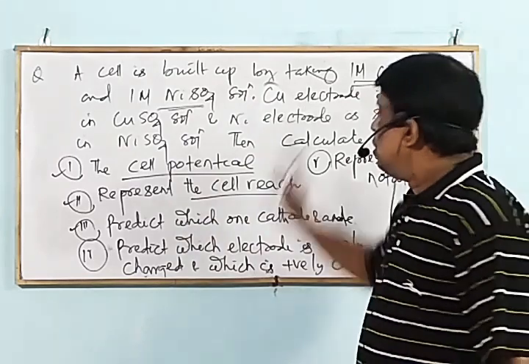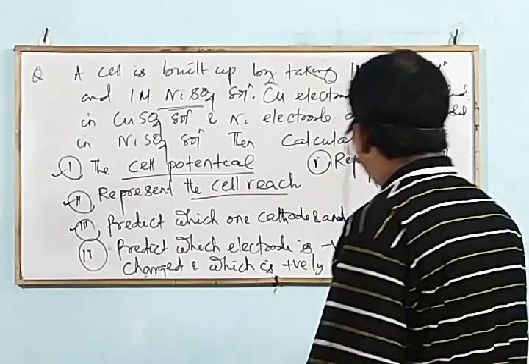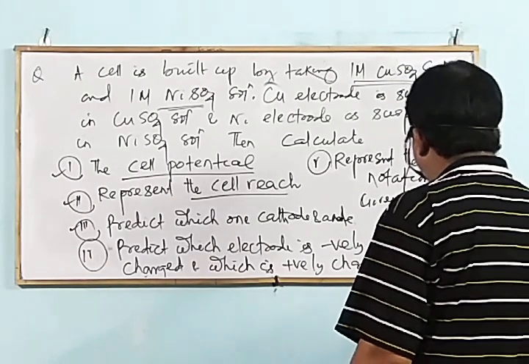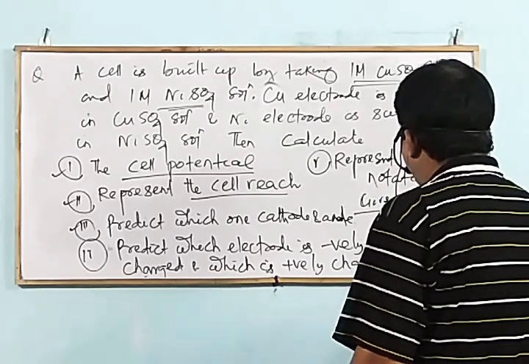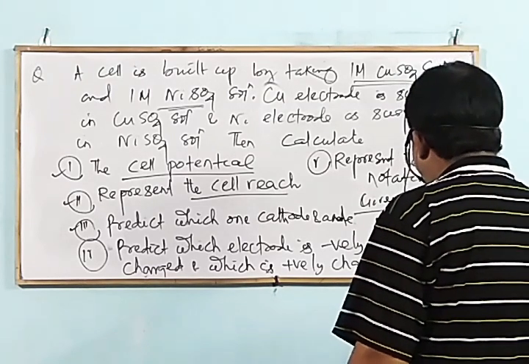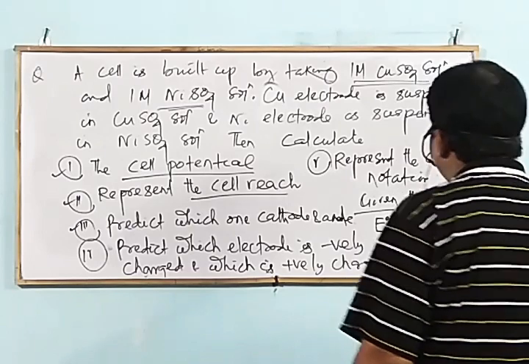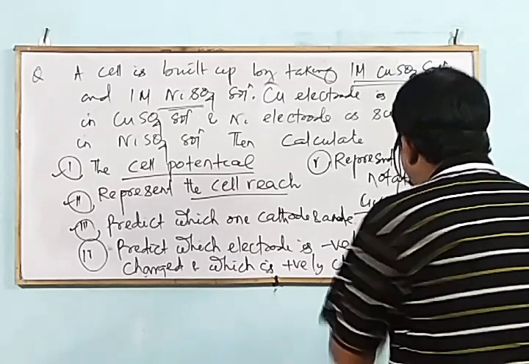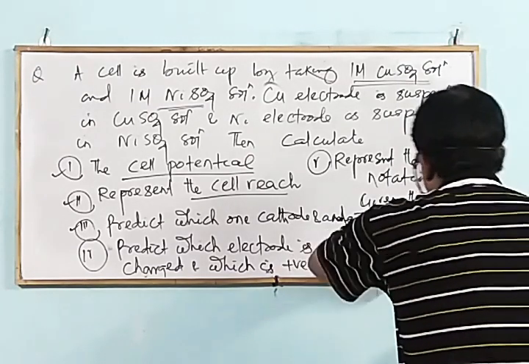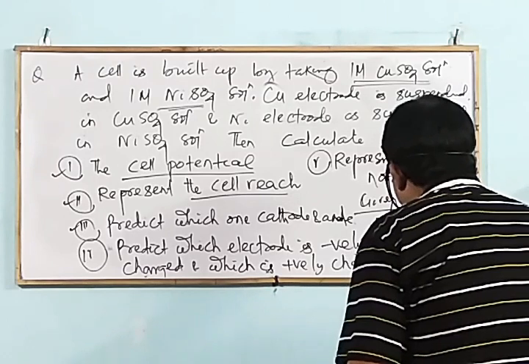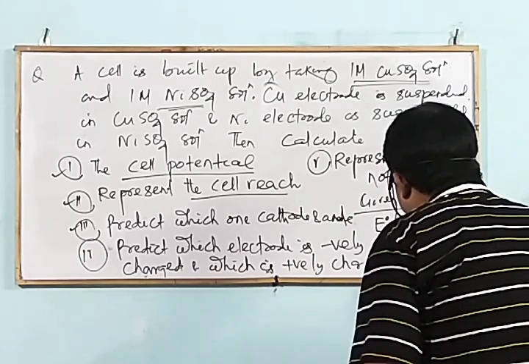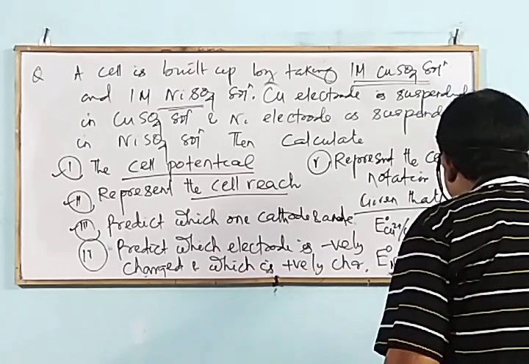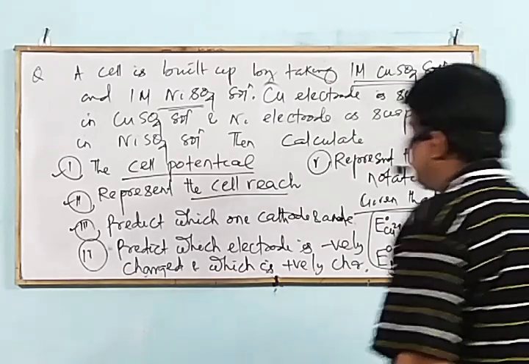What data are given? Two metal electrodes, and E0 Cu2+/Cu is equal to plus 0.34 volt, and nickel E0 Ni2+/Ni is equal to minus 0.25 volt.